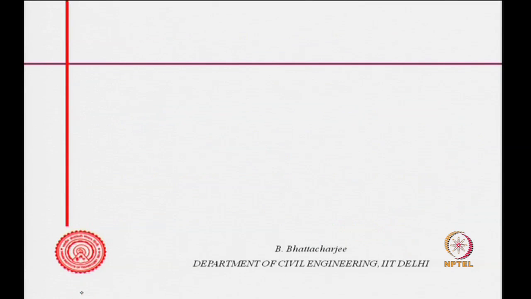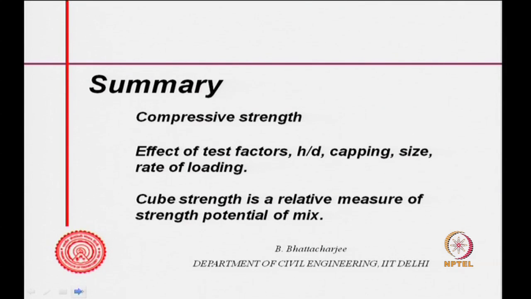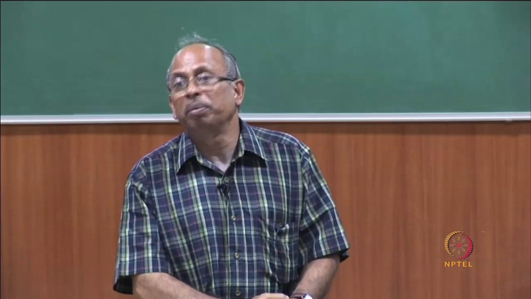So, moisture condition and aggregate type, everything affects this. For compressive strength, we have seen the effect of test factors: L by D, H by D, capping size, and rate of loading. Finally, it is a relative measure of the strength of the potential mix. Tensile strength also varies with the type of measurement.